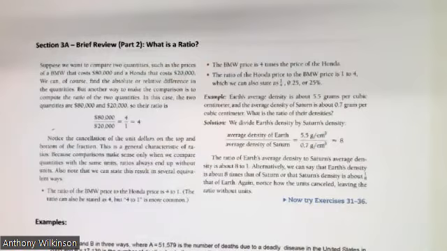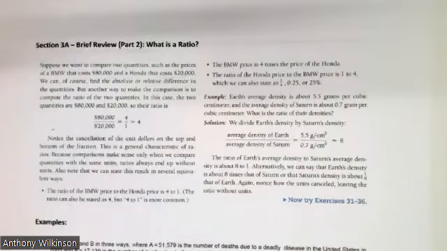So their ratio is going to be 80,000 divided by 20,000, reduce that to 4/1, which will be 4. Notice the cancellation of the unit dollars on the top and the bottom of the fraction. This is a general characteristic of ratios because comparisons make sense only when we compare quantities with the same units. Ratios always end up without units.